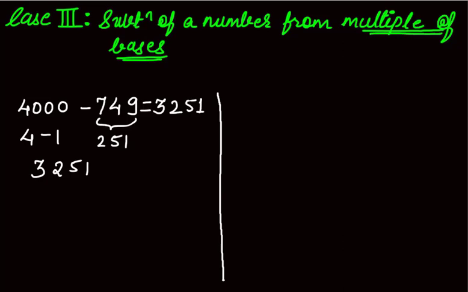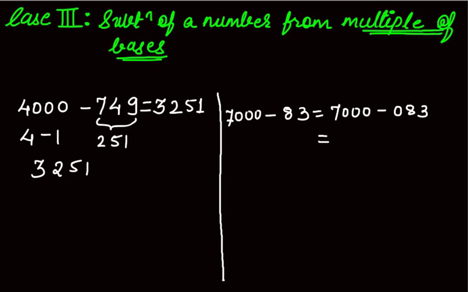In case the number of digits in the number to be subtracted is not equal to the number of zeros in the multiple of base, then just add the required number of zeros before the number. Consider an example where the number 83 is to be subtracted from the multiple of base 7000. In this case, we'll add a 0 at the beginning of number 83 in order to form it as a 3-digit number, since there are 3 zeros in the multiple of base 7000.